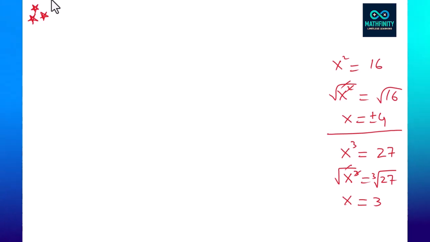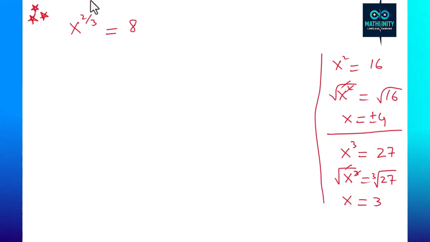Sometimes you will see a question with a fractional power, like x raised to power 2 by 3 is equal to, you can take any number like a. Okay, this is a different concept and idea.